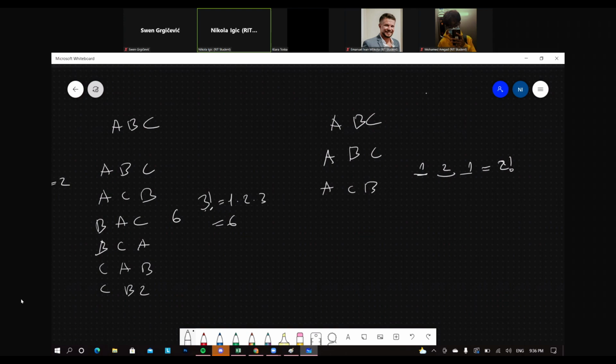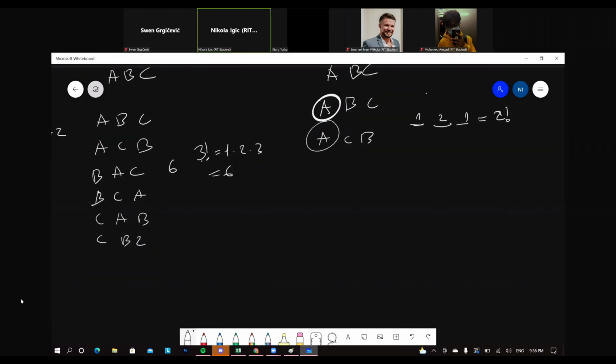I just lost 1 factorial because I know it starts with 1 letter. Do you understand? In our example, we have 5 of them, but I know it's going to start with a D, and I'm left with the 4 letters, 4, 3, 2, 1, which is equal to 4 factorial.